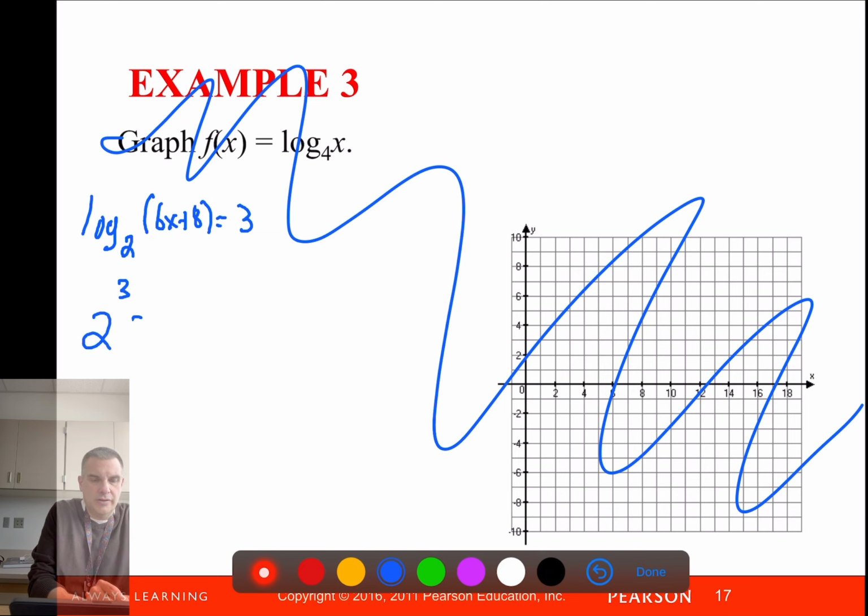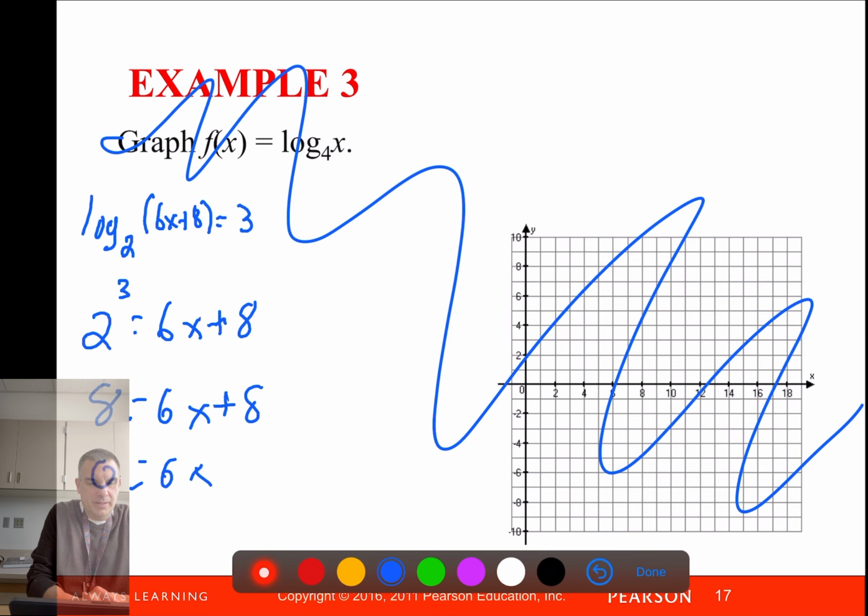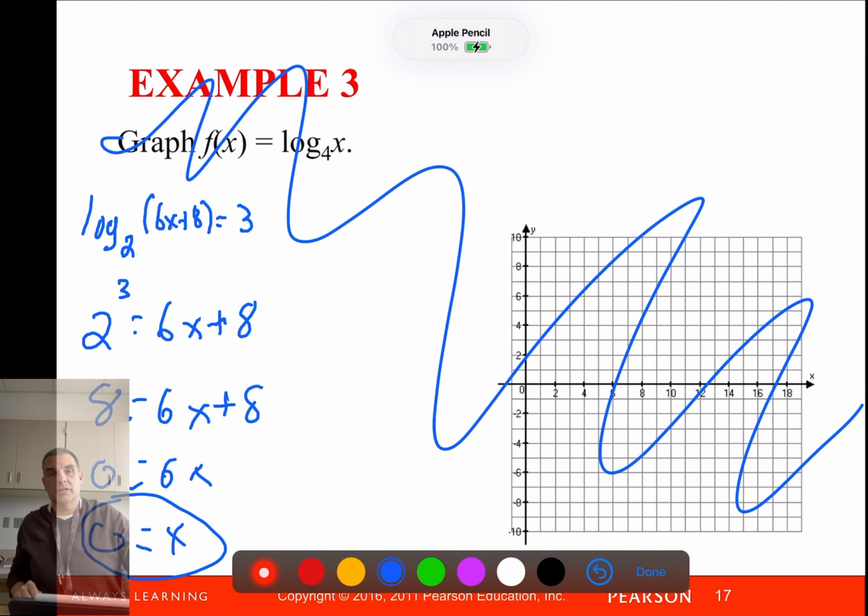So 2 to the third equals 6x plus 8. 2 times 2 times 2 is 8. Subtract 8. Divide by 6. So really, converting between logarithms and exponentials, converting between exponentials and logarithms, solving for logs. And remember, when you're solving for logs, rewrite it as an exponent. And then you should be good to go for today.